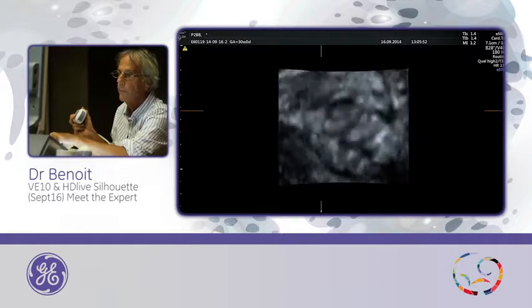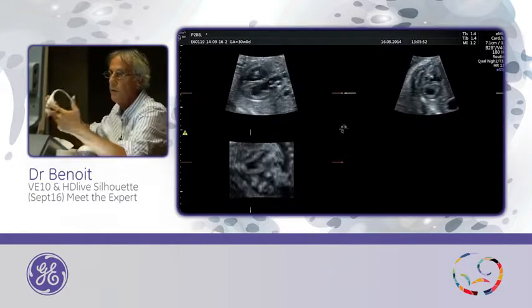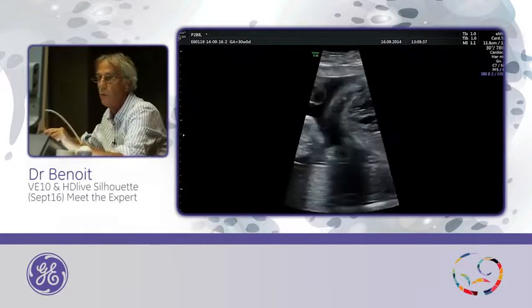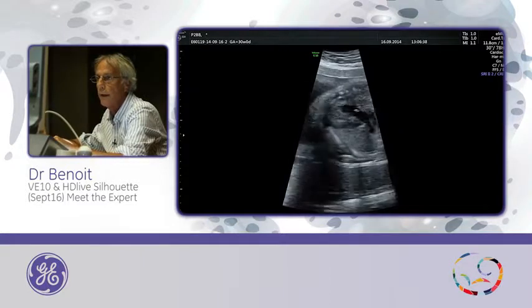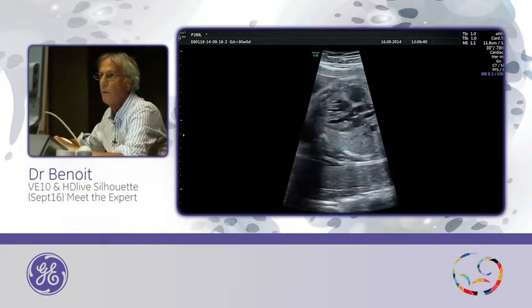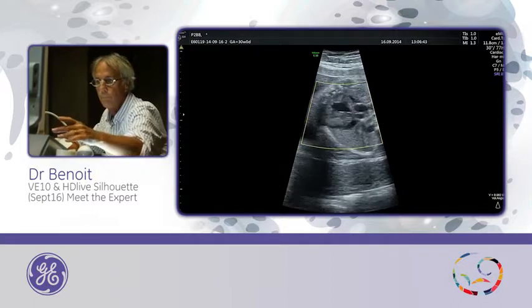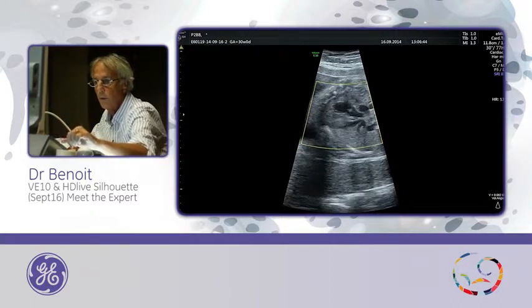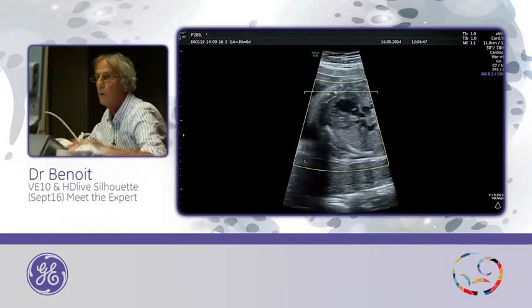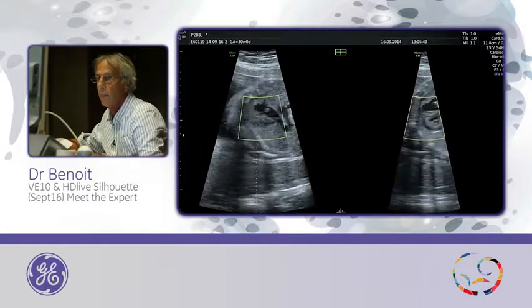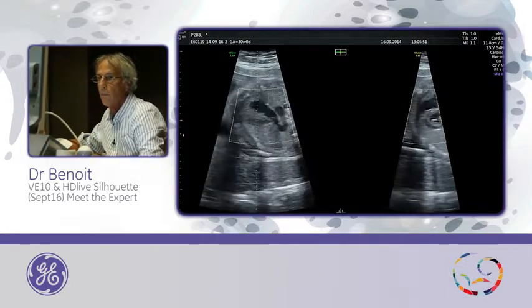And this is the C plane, the B plane, and now the C plane. So it is easier to use the STIC, but if you need it, you can do it also in real time. This is a heart 4D, and I will do it in fetal cardio.